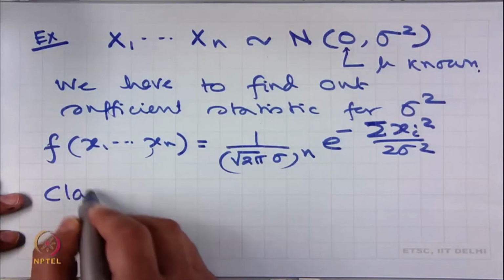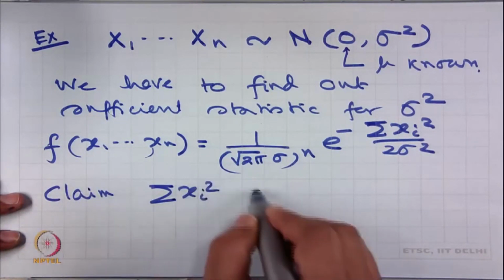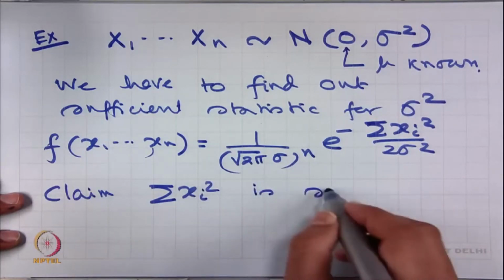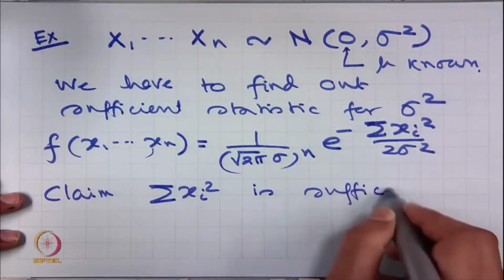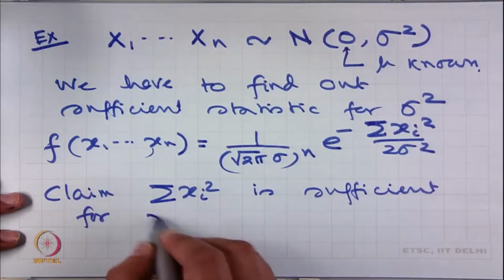Claim: summation xi square is sufficient for sigma square.